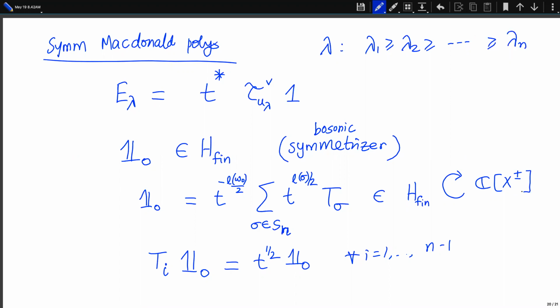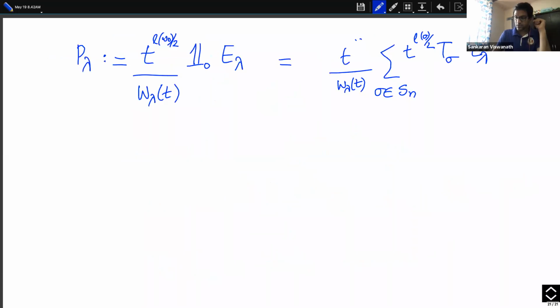Okay, so you take all possible products of T sigmas and then you sum over all possible sigma. Correct. You sum over all possible sigma and then you act on the E lambda of X. I mean, the action is then on the non-symmetric polynomial.